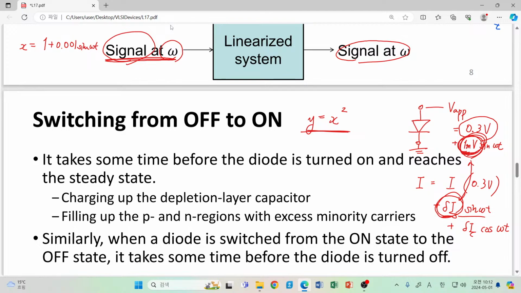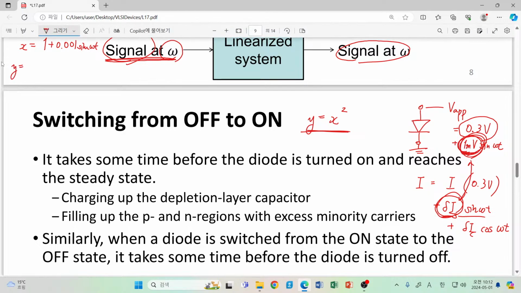In this case, y equal to x squared can be well approximated as y equal to 1 plus 2x. So sorry about that. Here we have only the small signal component, so x minus 1, so we have 2 times 0.002 sine omega t. That will be the answer.